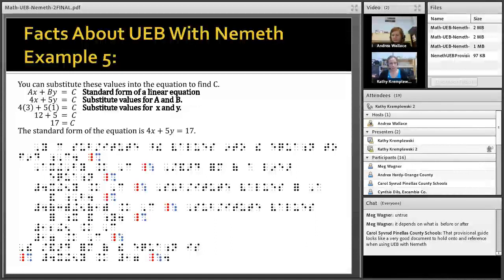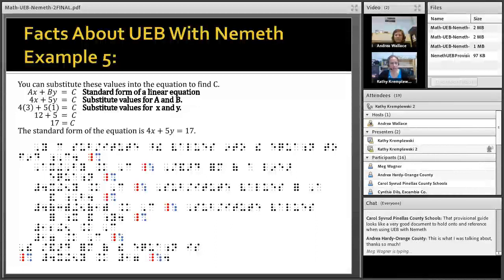And then 4x plus 5y equals C, and then the comment, substitute values for A and B. Now, formatting-wise, I tried to keep this as close to what was there as I could. This is actually an example in the provisional guidelines, but I was having some trouble because of the size of the slide, so it looks slightly different than what you would see in the provisional guidance. I tried to follow their formatting as closely as I could.